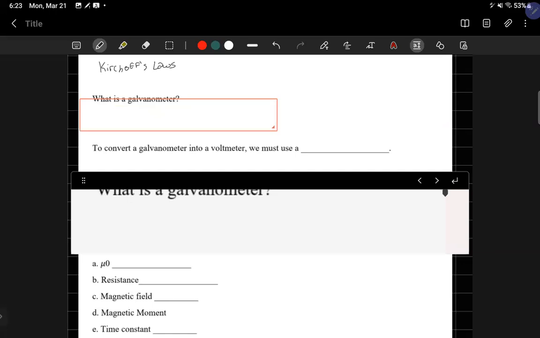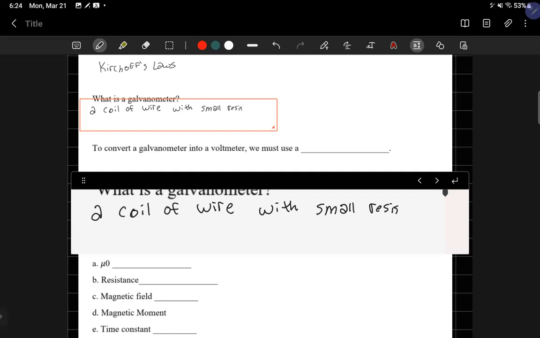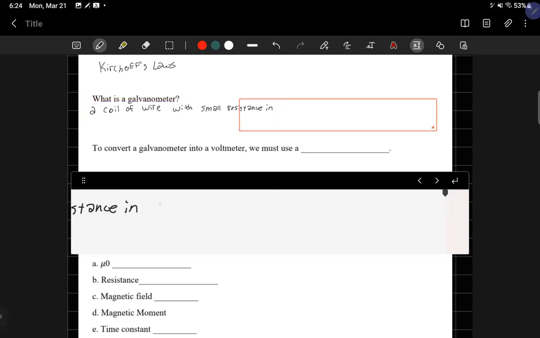So a coil of wire with small resistance in a magnetic field.